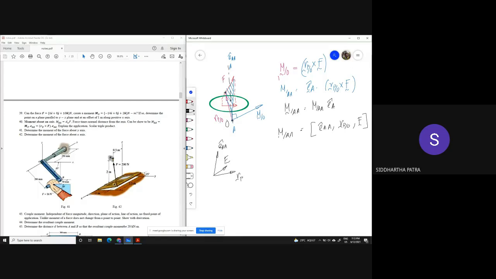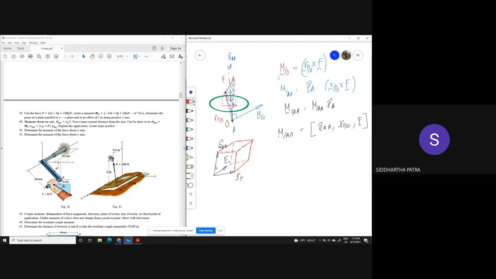So essentially the parallelepiped formed by these three directions. Actually, this line should be solid. Okay. So it essentially represents in some space.